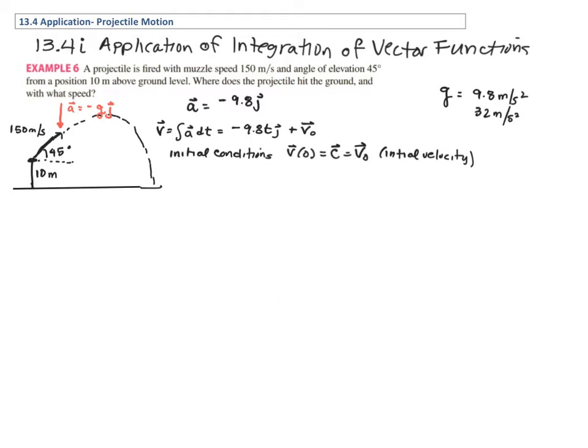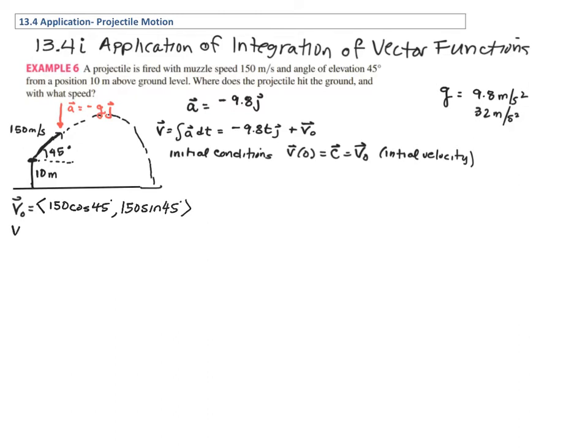So we need to find that initial velocity. We can do that by the fact that this 150 meters per second is the magnitude of this initial velocity, and 45 degrees is the direction. Putting that magnitude and direction into component form, we have magnitude times the cosine of the angle and magnitude times the sine of the angle.